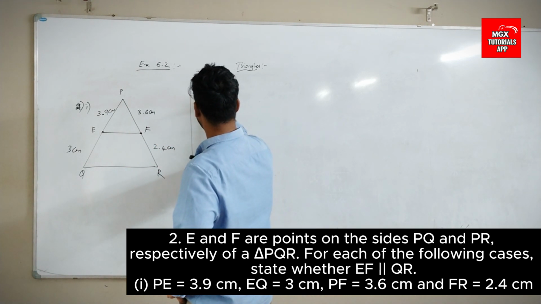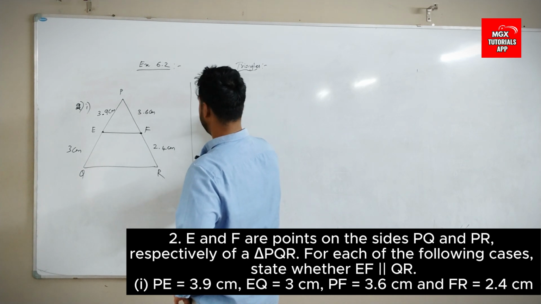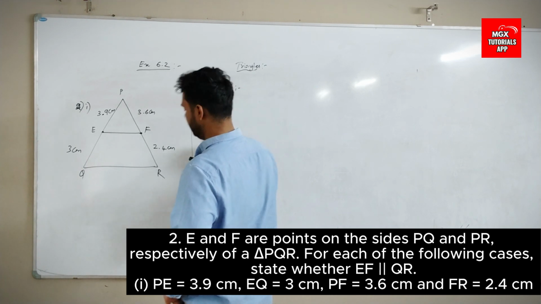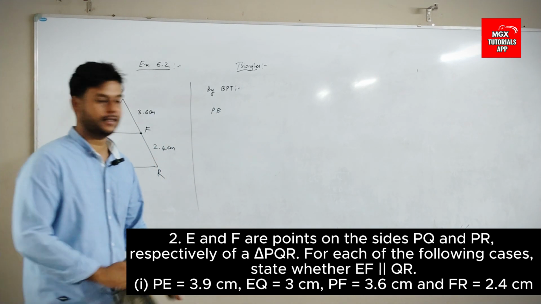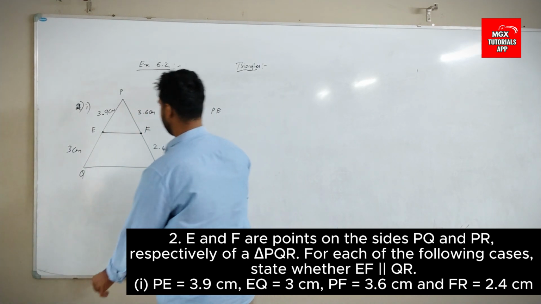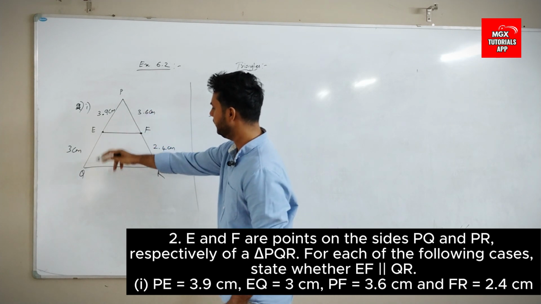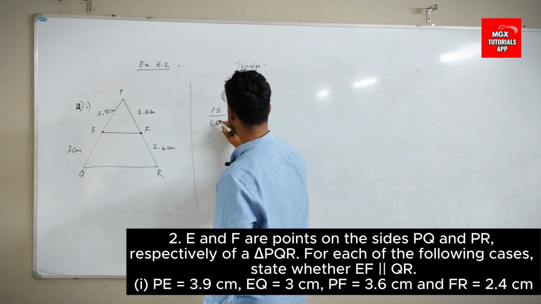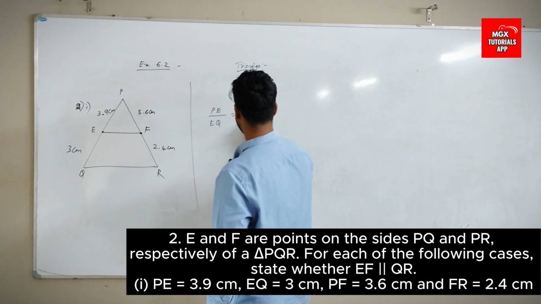You don't even write BPT here, because only if BPT is working can we write BPT. We don't know whether BPT is working or not yet. We will see if BPT will work or not. PE by EQ is equal to PF by FR.